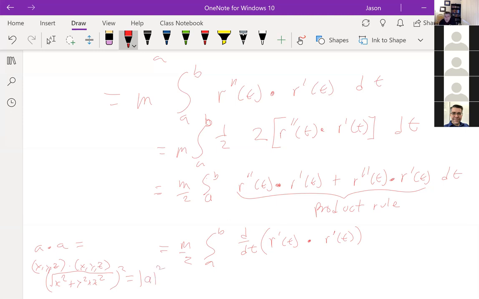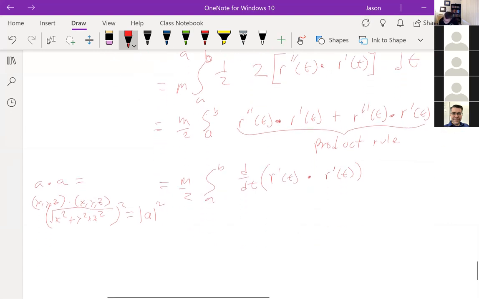Oh yeah, remember that? That was chapters ago. So this is going to be m over 2, A to B, of d/dt of the magnitude of r prime of t squared dt. Oh, that's kind of cool.